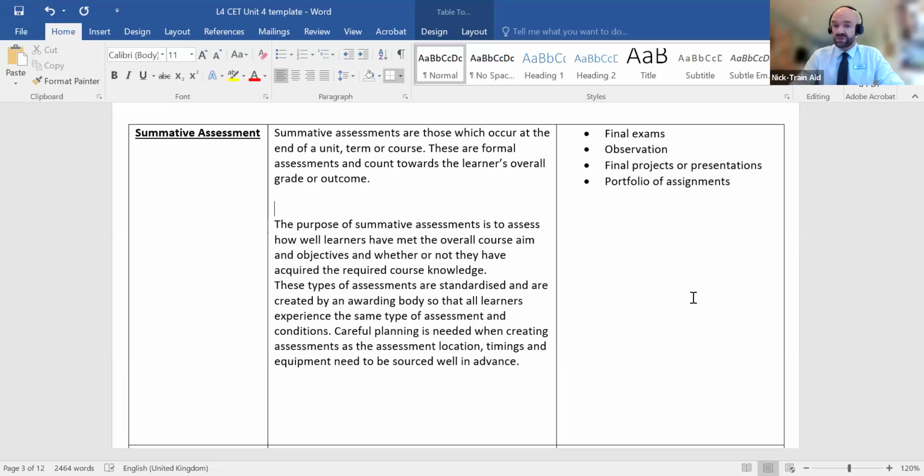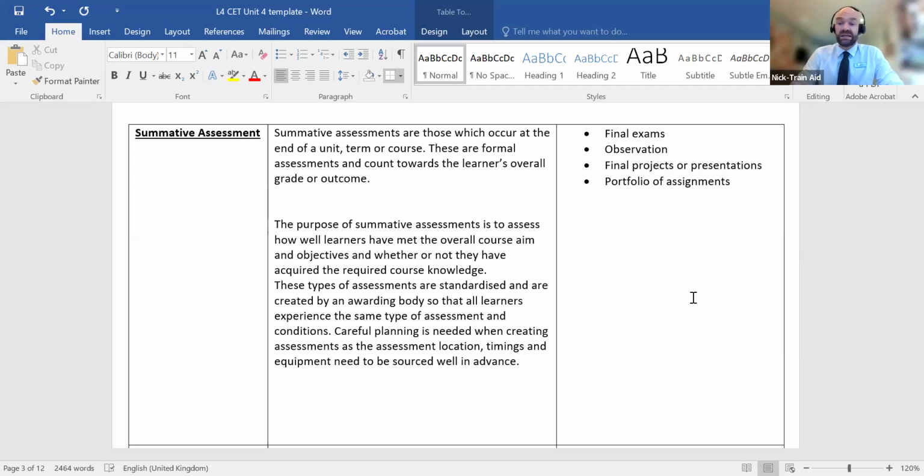They are official, they're standardized, they're usually created by an awarding body so that all learners will experience the same assessment paper, for example, and everyone is assessed within those same assessment conditions as well.